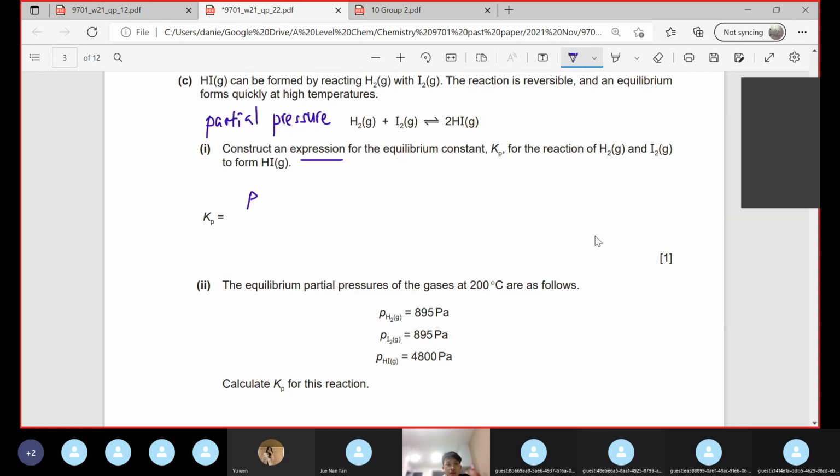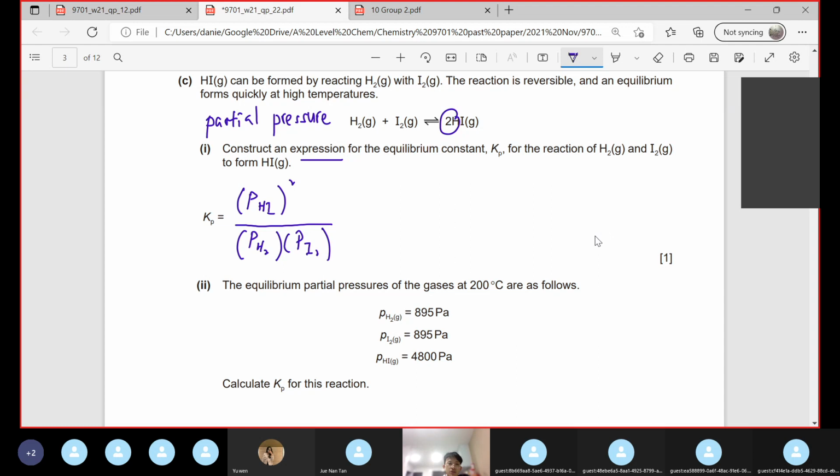So partial pressure for the hydrogen iodide, 2 here, 2 mole, so the whole thing squared, divided by the partial pressure of the hydrogen gas, multiplied with the partial pressure of the iodine gas.